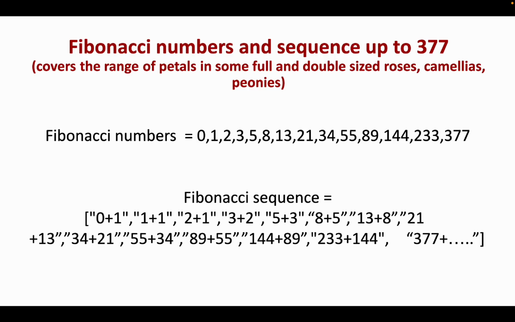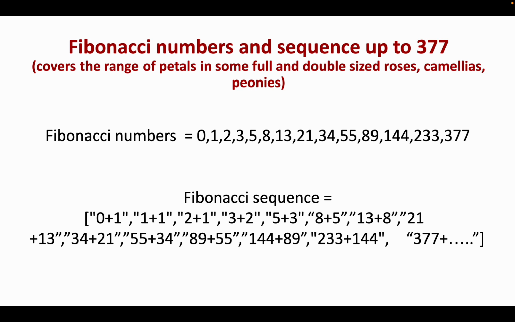Fibonacci numbers can have an unlimited range, but in this program, I've used Fibonacci numbers up to 377 because that covers the numbers of petals in some full and double-sized roses, camellias, and peonies.